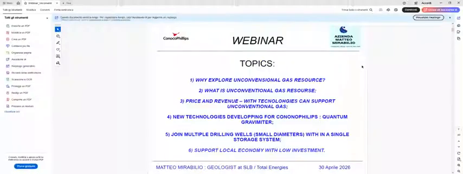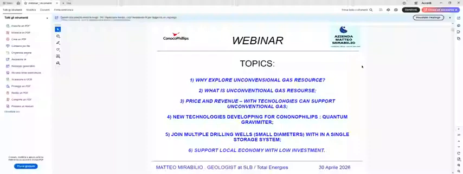In this moment you have six principal topics: why explore unconventional resources and gas, what is the unconventional gas resource, price and revenue, what kind of technologies can support unconventional gas exploration, and in this occasion we are pleased to present also the new technologies developed for ConocoPhillips, the quantum gravitors.